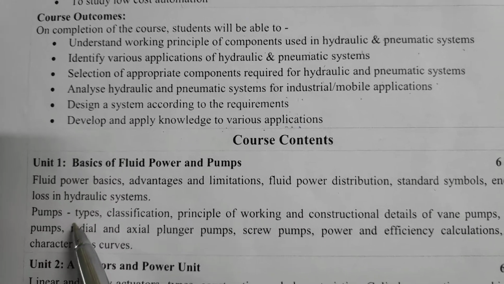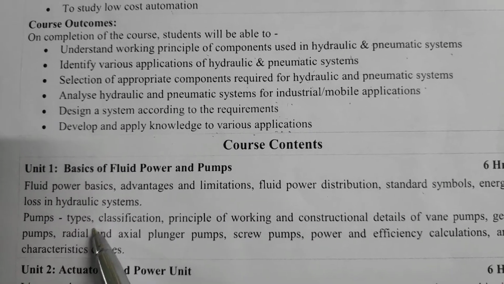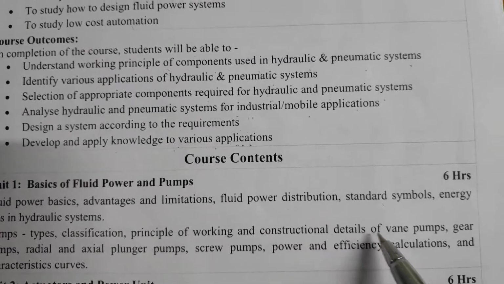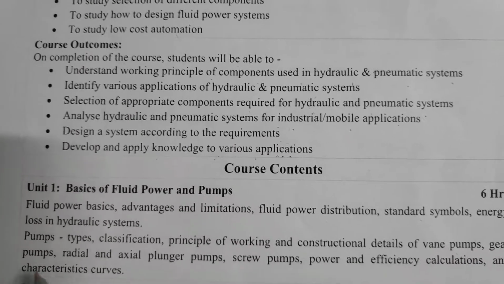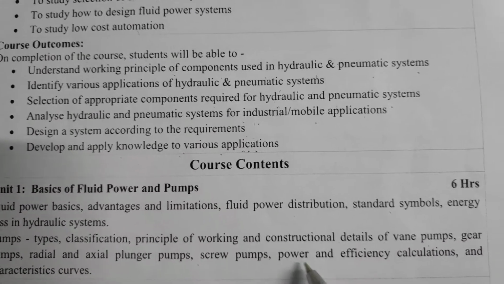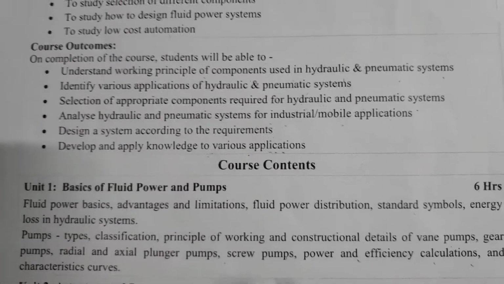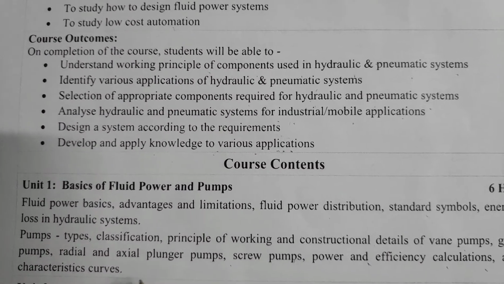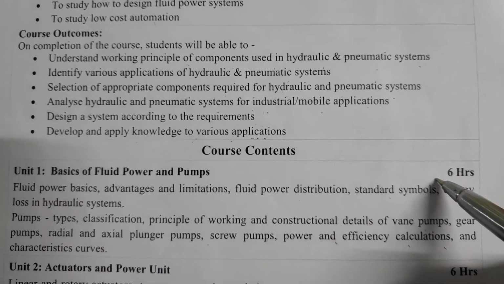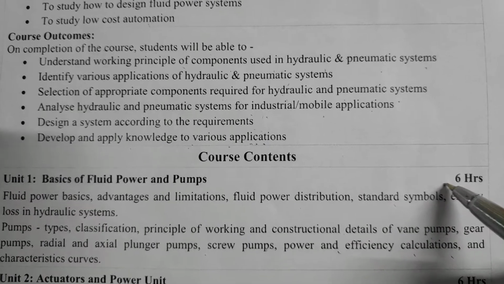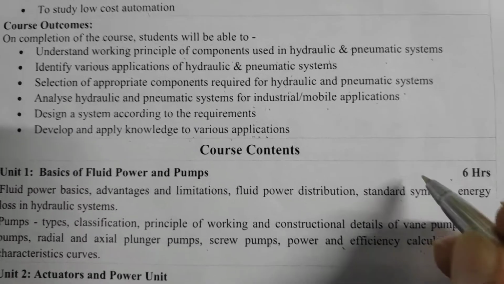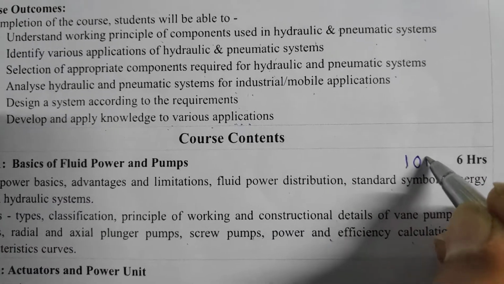The second topic is pumps, their types, classification, principle of working and constructional details of the vane pump, gear pump, radial and axial plunger pump, screw pump, power and efficiency calculations and characteristic curves. A total of 6 hours are allotted for unit number 1, and its contribution in the semester exam is 10 marks.